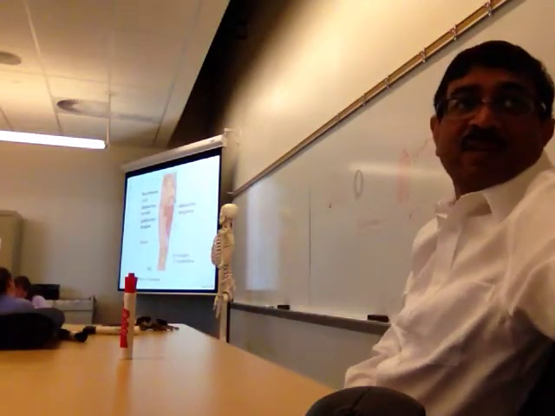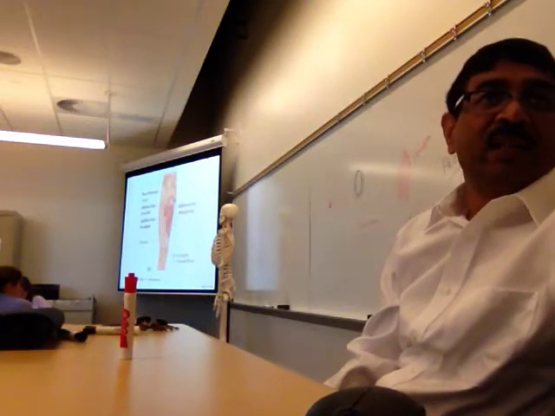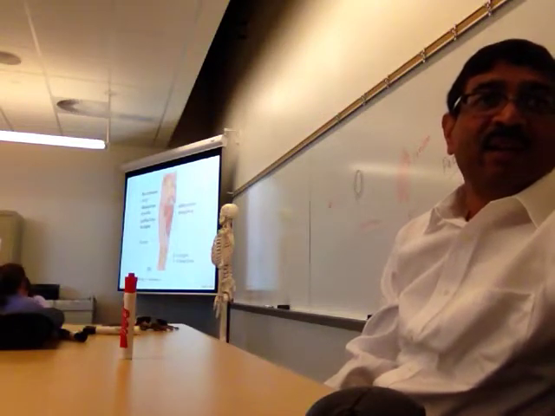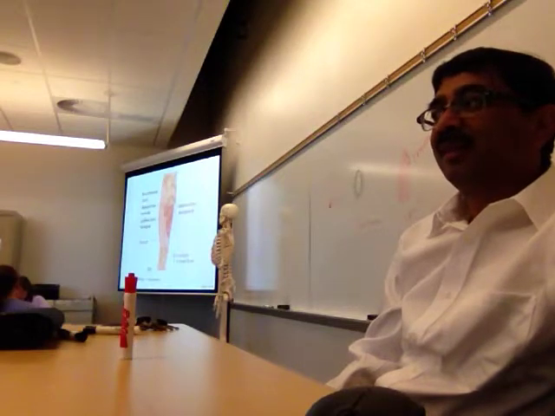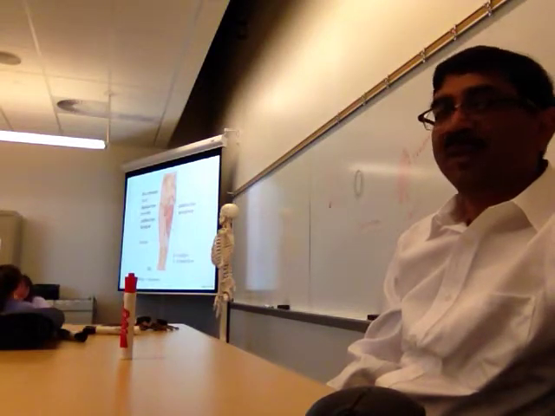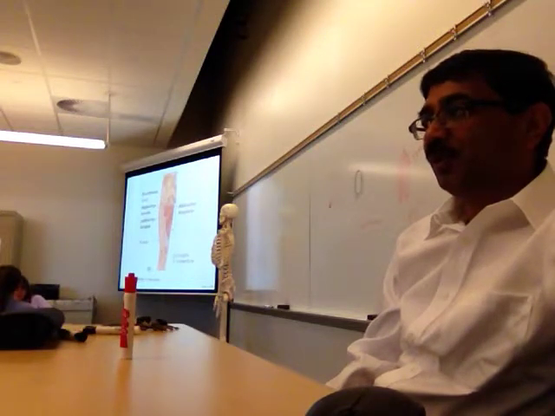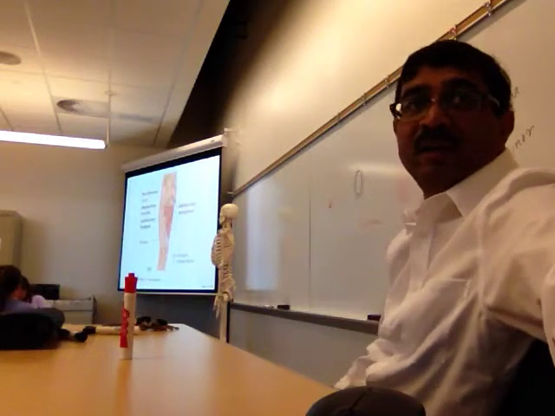Those muscles are mostly located in the deeper part. You see adductor brevis, longus, magnus. Those are attached to the medial side of the femur and will pull the femur towards the midline, right? So that's why those are adductors.